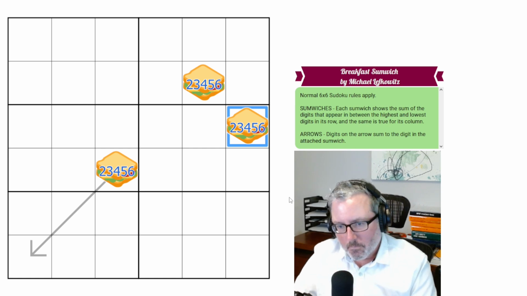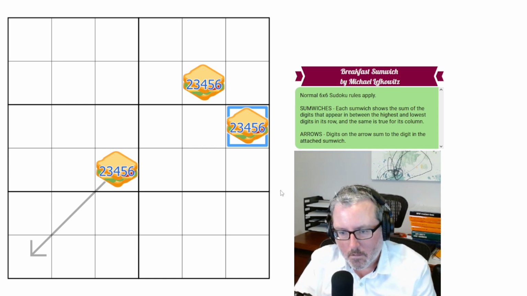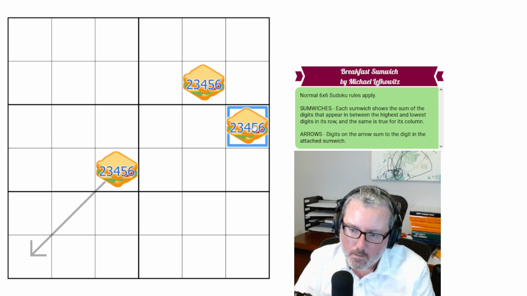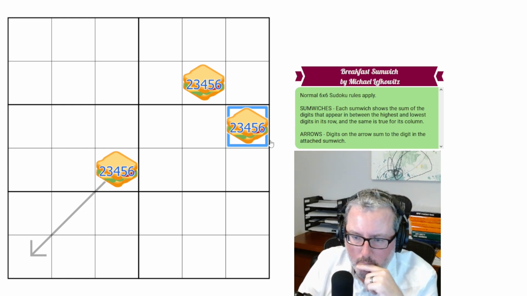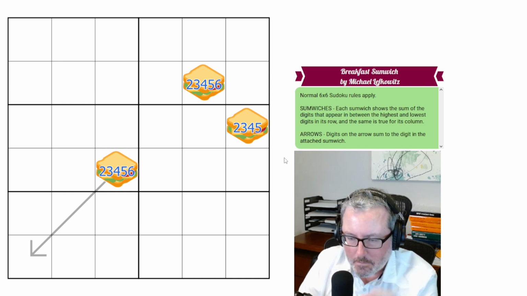Is there any reason why this couldn't be anything other than a 6? Use your words, think it through. Maybe is another thing to think about. Now, if I removed a 6 from this, we now have a situation where the 1 and the 6 are off of the sumwich.